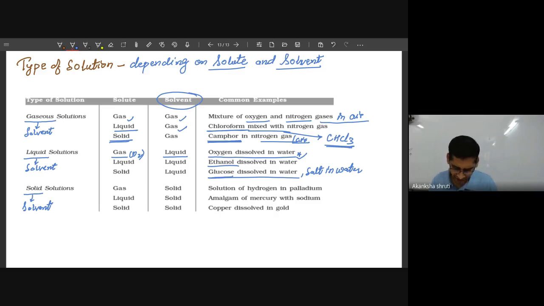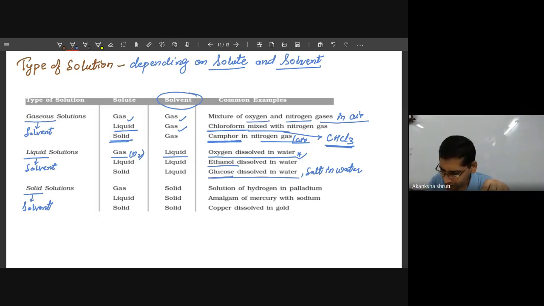Now coming to the solid solution. Some gas is trapped in between the solid pieces. While metals are manufactured, various gaseous particles get trapped in between the solid pieces. Sometimes you also observe that some metals appear to have a small cavity, and that cavity contains gases.